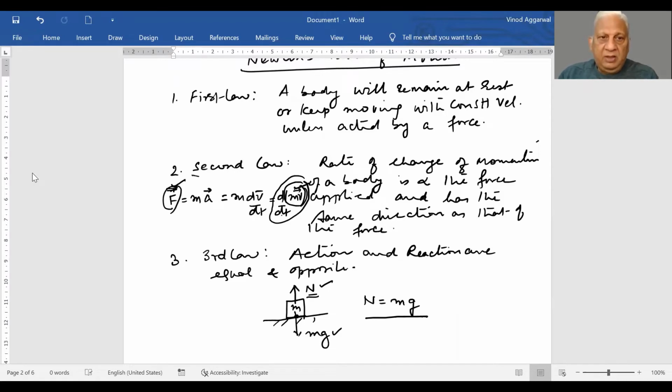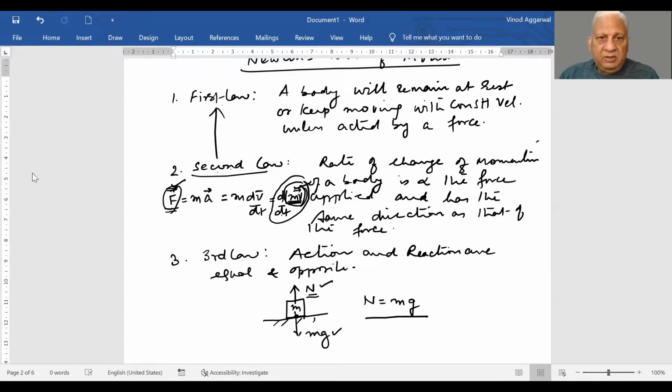In fact, if you see the second law, we can derive the first law from the second law. How? What does the second law say? That there will be a change in momentum only if we apply force.